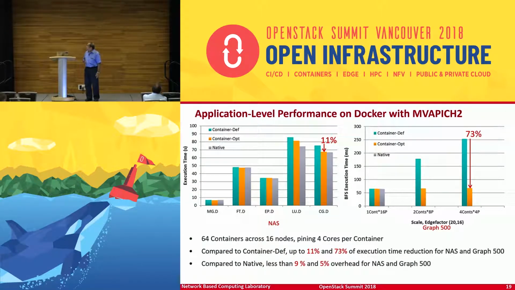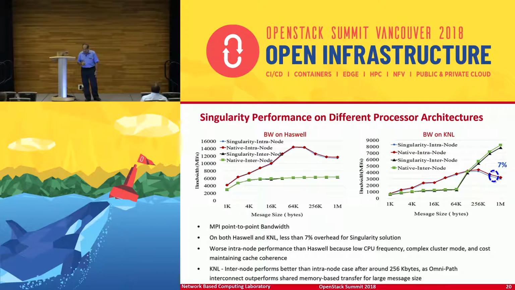Once again the story is very similar. In those three graphs, the three bars I indicated are the default container, the native, and the optimized container. You can see the performance gap between the optimized container and the native is very close. That means you should be able to use our solution to get very close to native performance.